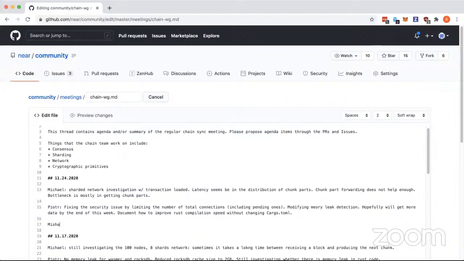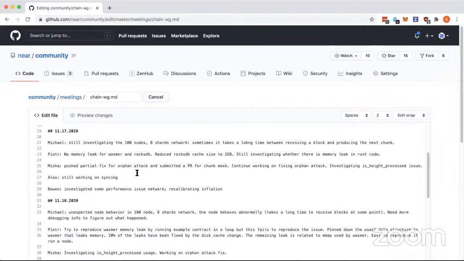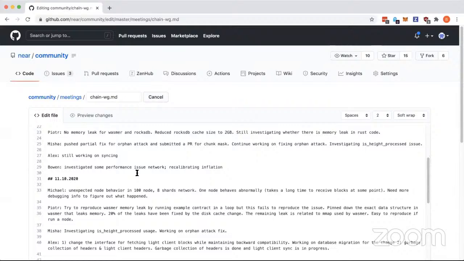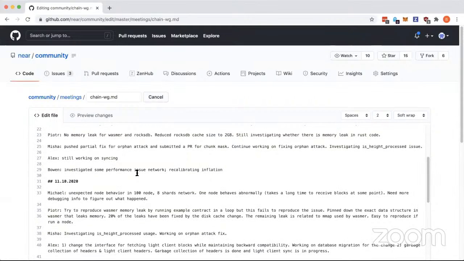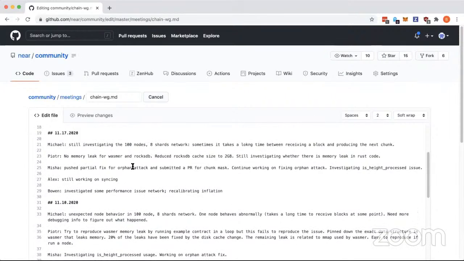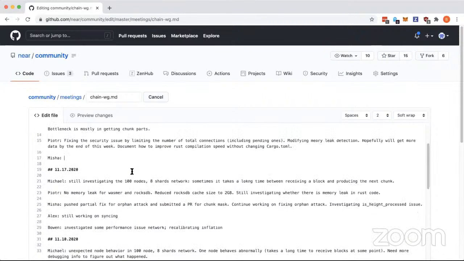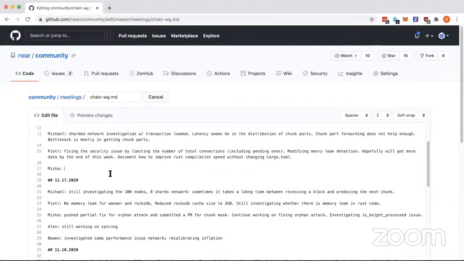Yeah, so I pushed that chunk mask fix. And I think you pushed it last week, right? Oh yeah, I think we already pushed it last week. And then I was also investigating the potential deadlock.